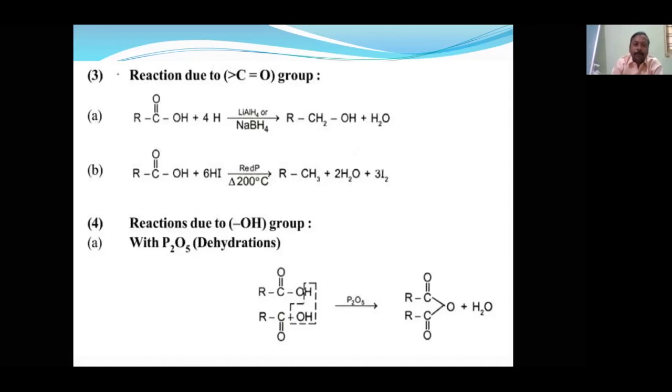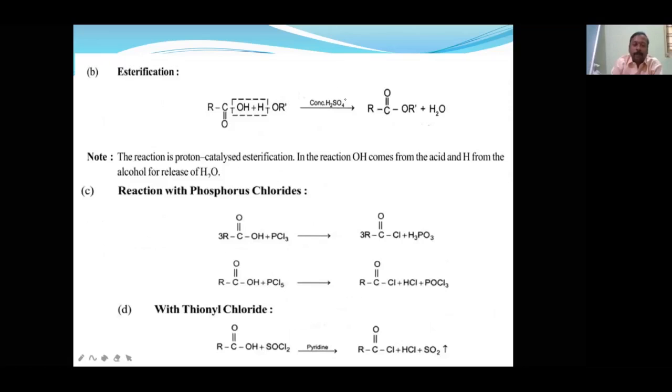Next, a very famous reaction, everywhere you find it. What is that reaction? Very good, esterification. This is the preparation of esters. We will prepare esters from alcohols and carboxylic acids. Always remember the reaction is proton catalyzed, that is acid catalyzed esterification.